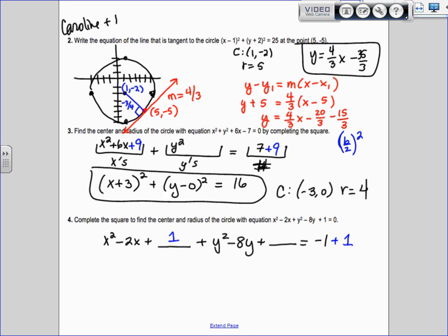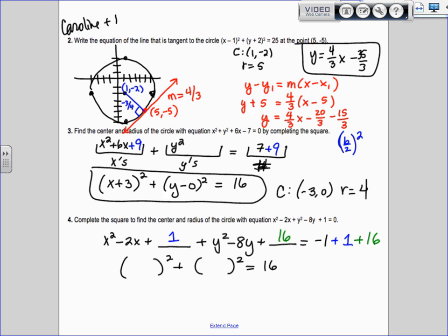Remember, y squared minus 8y, so I take my negative 8, I divide by 2. I get negative 4. I square it, 16. 16 plus 16. So I write something squared plus something squared equals negative 1 plus 1 is 0 plus 16 is 16. Because whatever you do on one side, you have to do on both sides.